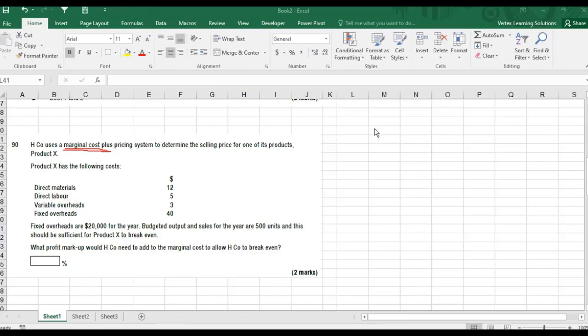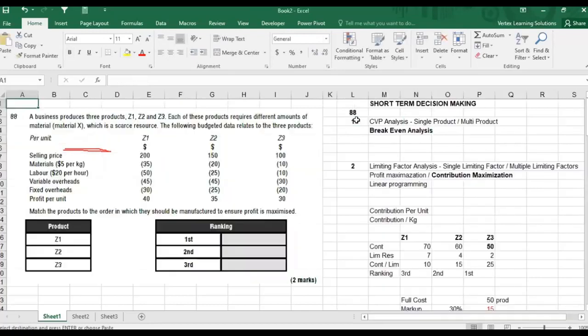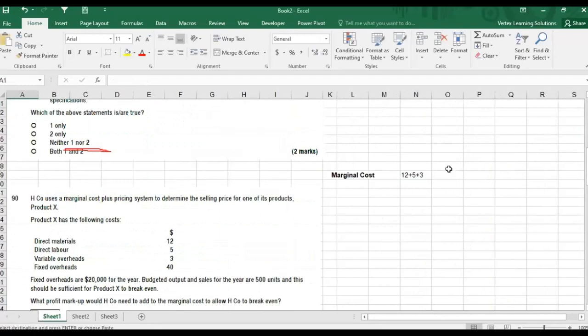So their marginal cost is 12 plus 5 plus 3, which makes 20. They ask what percentage markup we should add so that we come to a selling price which will make it a break even.